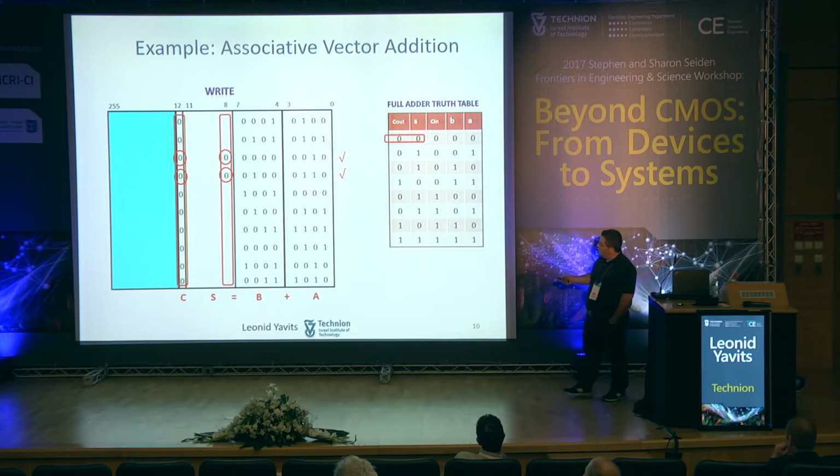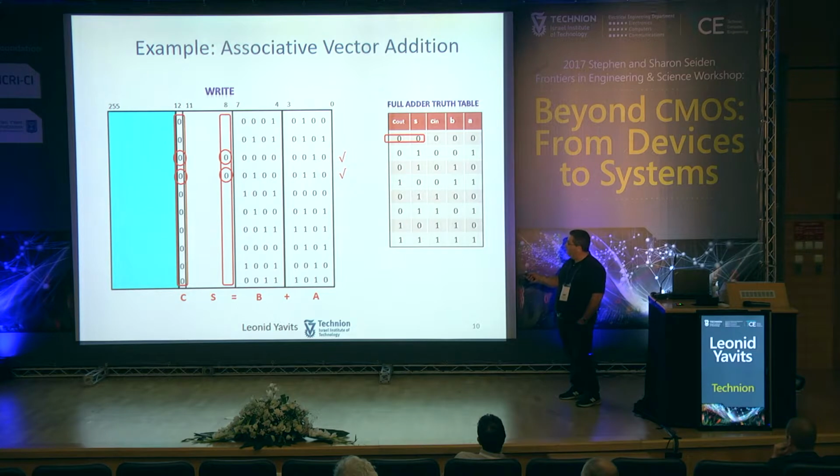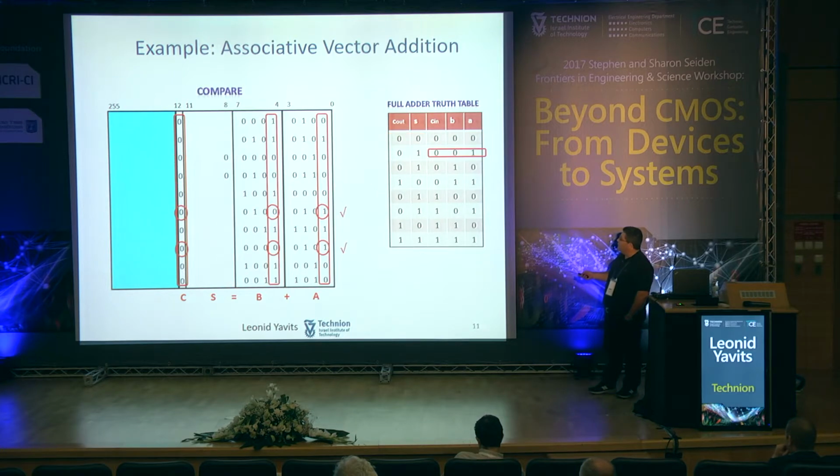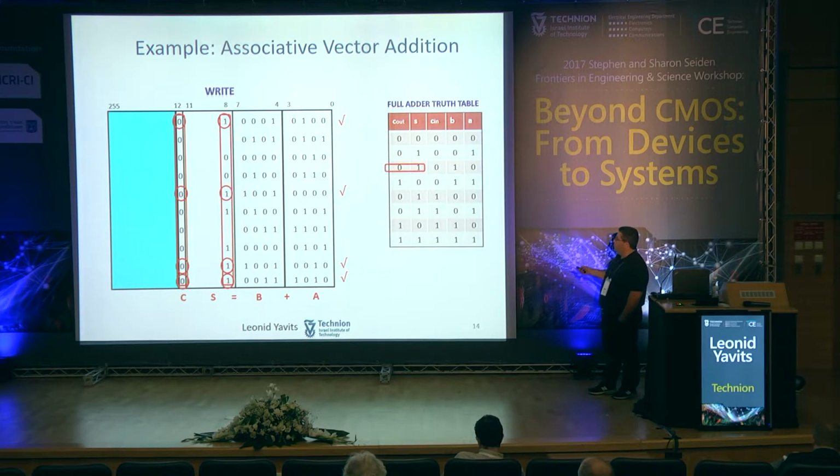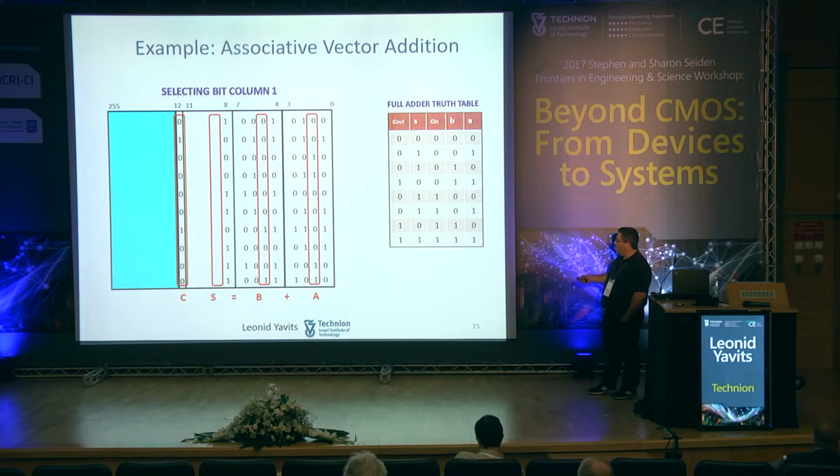And wherever the row is tagged, we will write the result, which in this case is 0, 0. Then we move to the next combination, 0, 0, 1. And wherever this match is found, we write the result, which is 0, 1. And so on and so forth. I'm not going to go through the entire table.